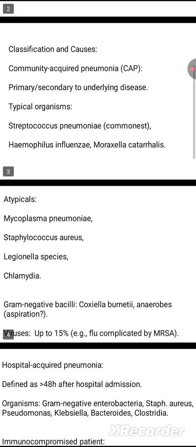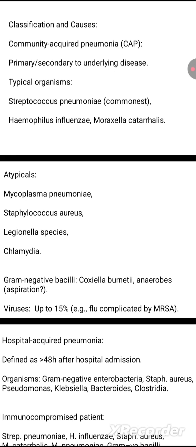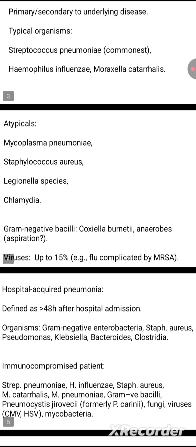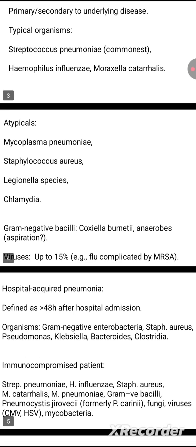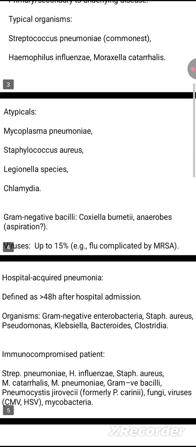Organisms that usually cause it are Streptococcus pneumoniae, which is the commonest, Haemophilus influenzae, and Moraxella catarrhalis. Atypical organisms that cause pneumonia are Mycoplasma pneumoniae, Staphylococcus aureus, Legionella species, and Chlamydia.